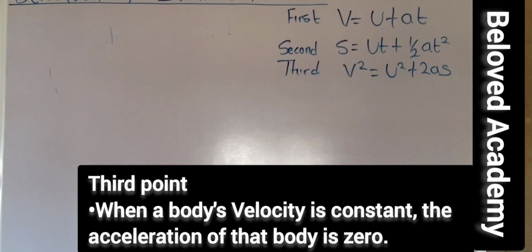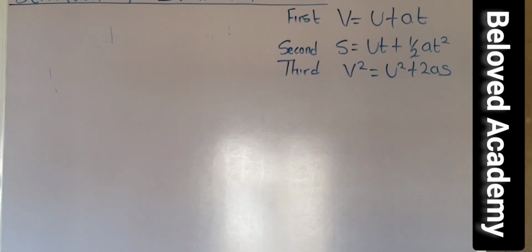Now let's start with the first point. We are told that when an object moves or accelerates from rest, the initial velocity is 0. What's velocity? Velocity tells us the rate of distance traveled by a body with respect to time in a specified direction. Now, if the object is at rest, there is no initial velocity, the object is not moving.